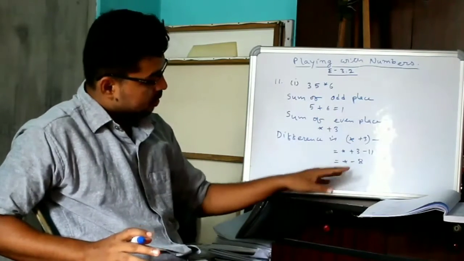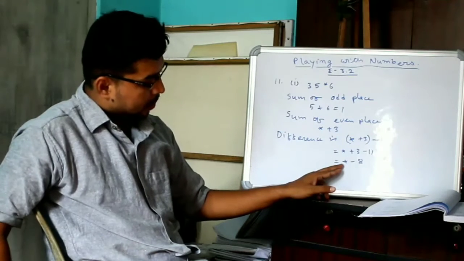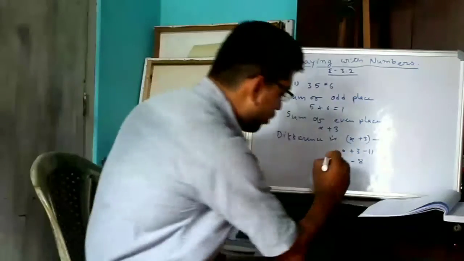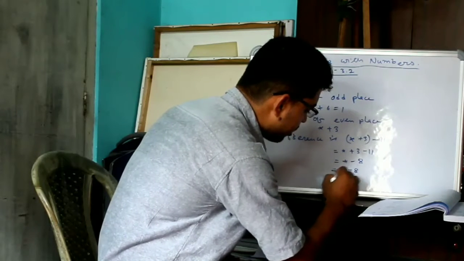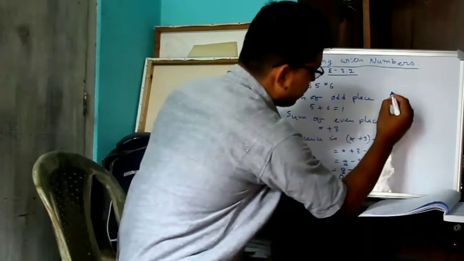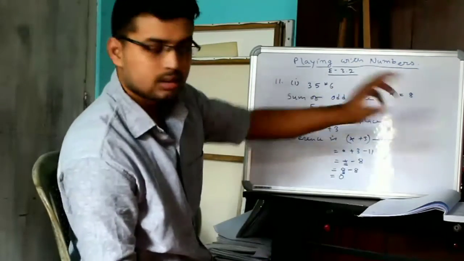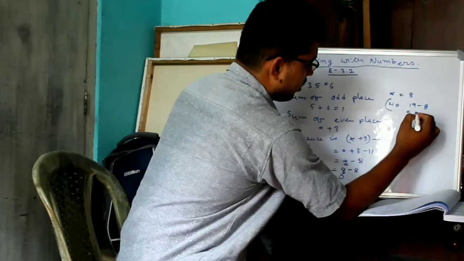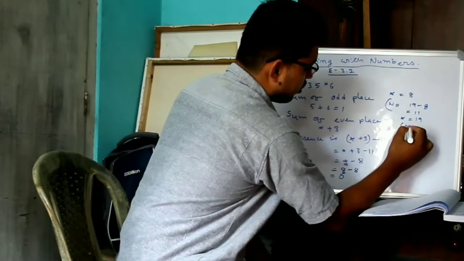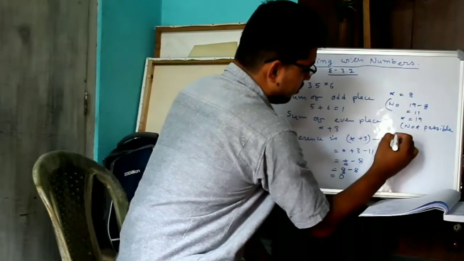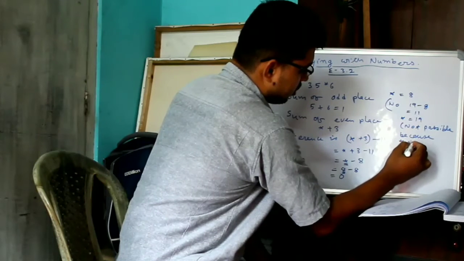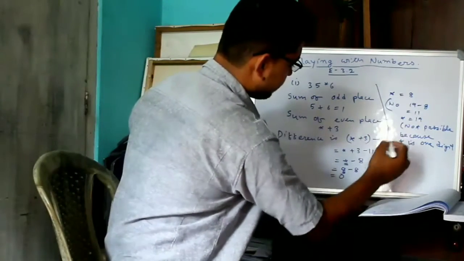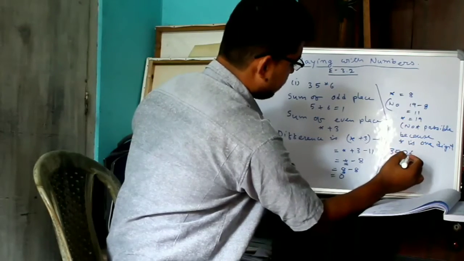Or if we make it 11, then star would be 19. But 19 is not possible because it is only one digit. So star is 8, and the number is 386.